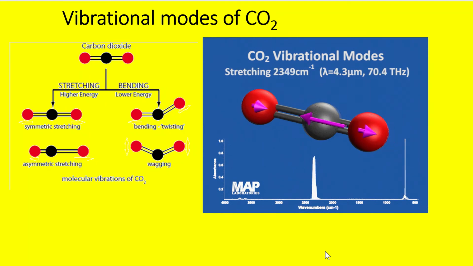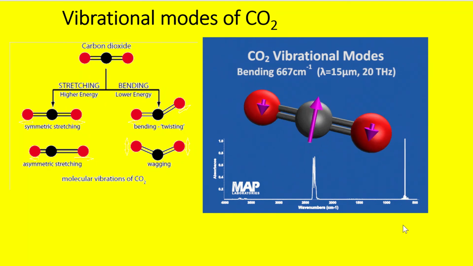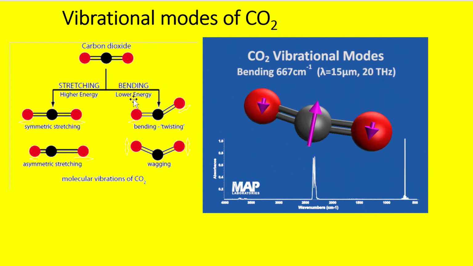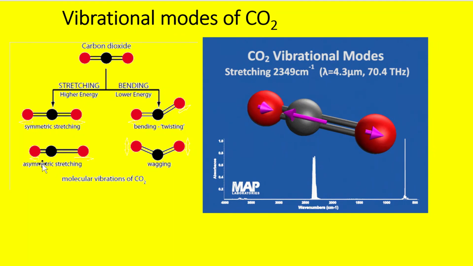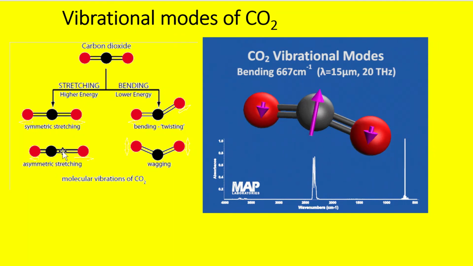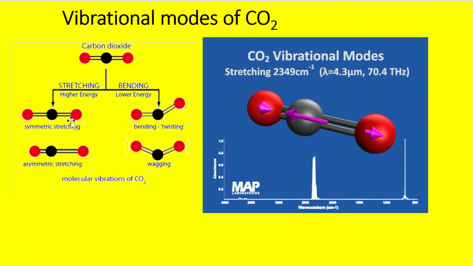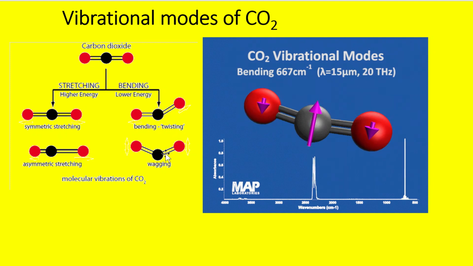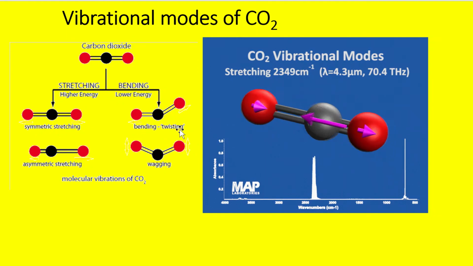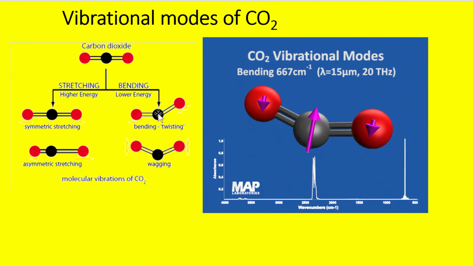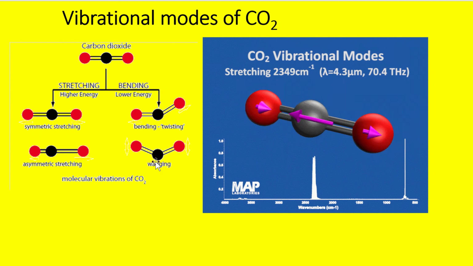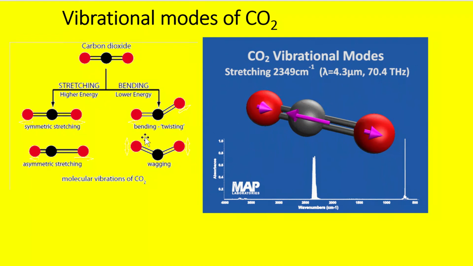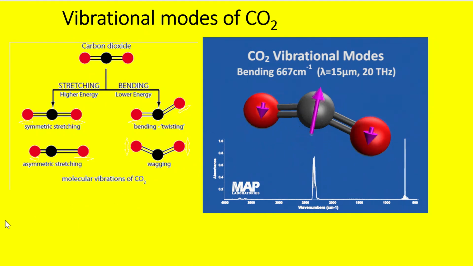As we said, we're just seeing one peak for the bending because both of them have the same energy. All right, so we're seeing the asymmetric stretch. We're not seeing the symmetric stretch because, as we said, it's not IR active. And for the bending, it has both twisting and wagging, right? We're not seeing both of them on the animation, but both of them would occur at the same energy because they are degenerate. That's for the bending.